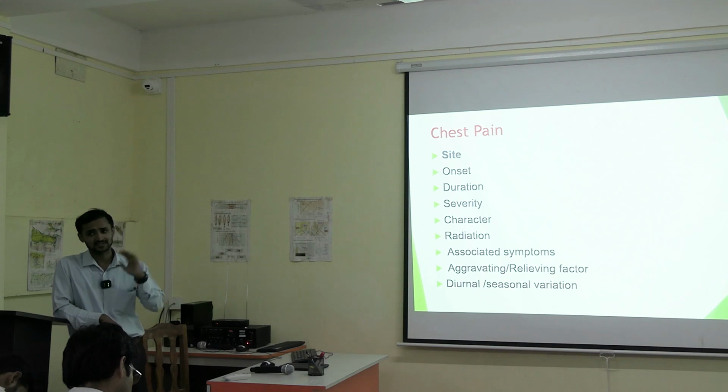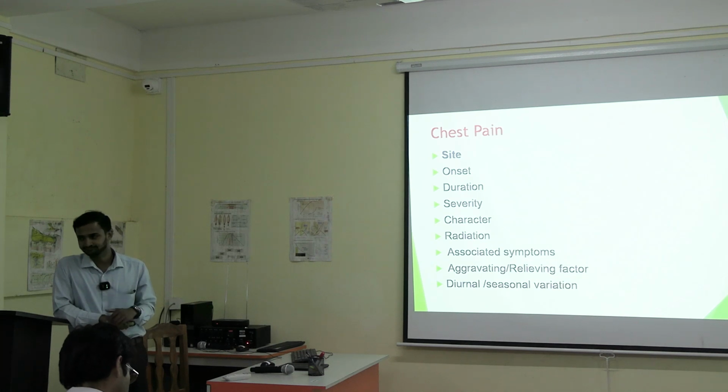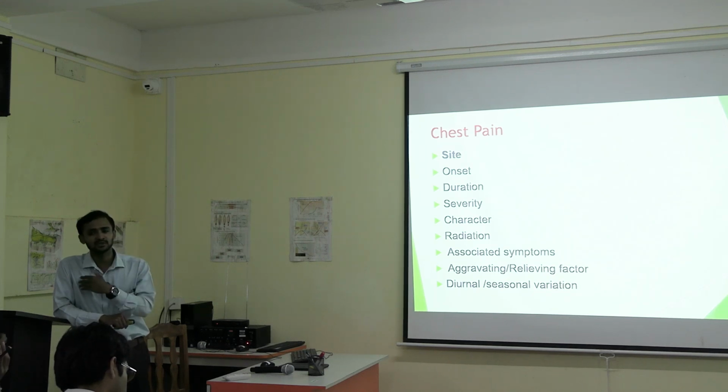The last one is S. S is for severity. So how will you score the pain? It will start from 0 with no pain, and 10 means unbearable pain. You have to score the pain. So this mnemonic will cover all the things.